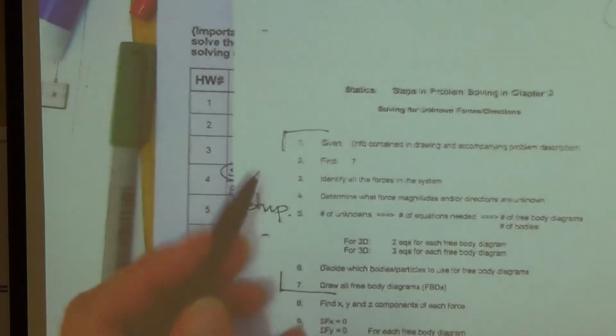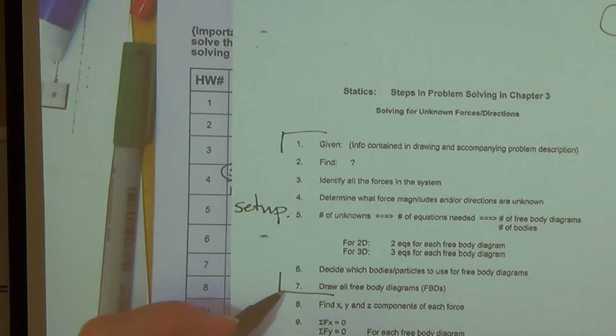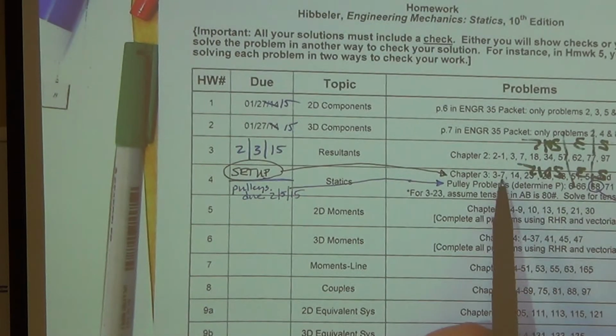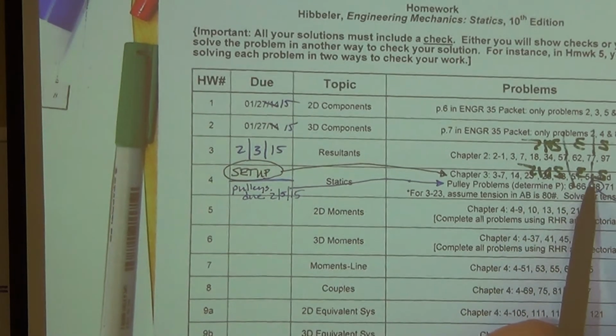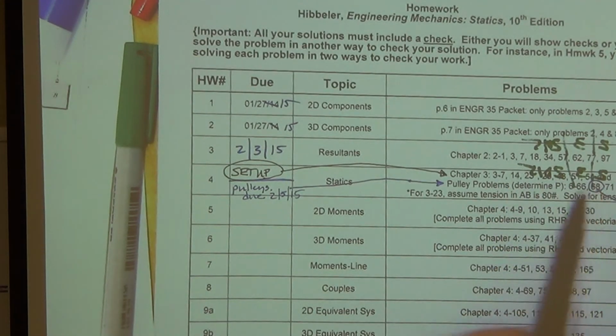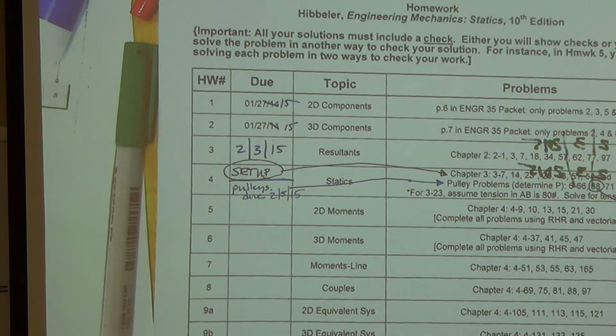You are doing steps 1 through 7 for those problems. We still have all the math crunching to do. So how many problems are there? 7. So you have 7 problems, you're going to have 7 sheets of paper, and you're setting up all 7 of those problems.